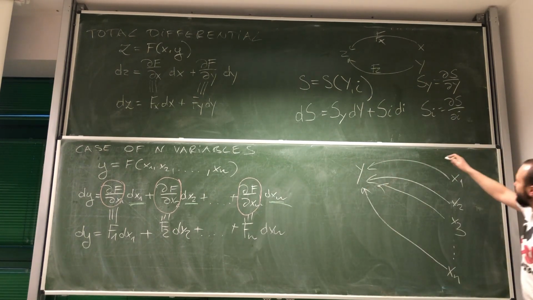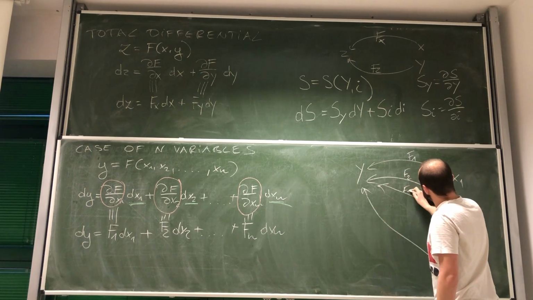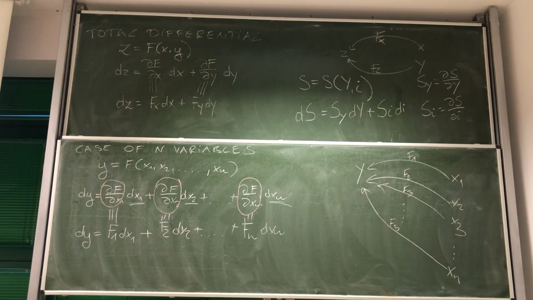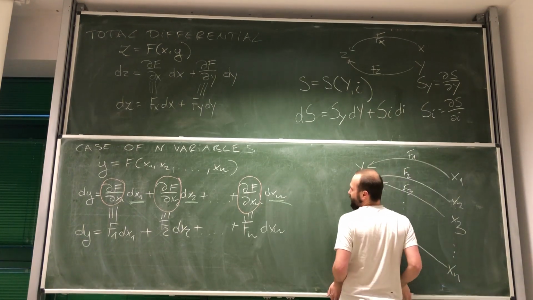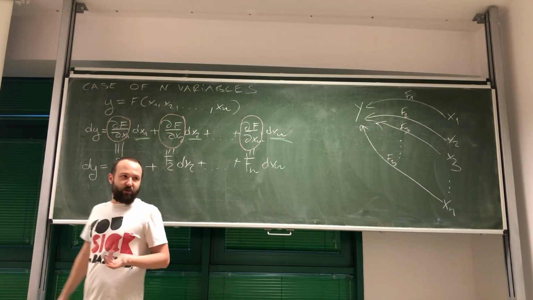So look, again here I could put f1, f2, f3 until fn. Okay, I hope you will not find it that complicated, because it isn't. Let me just show you just one more example.